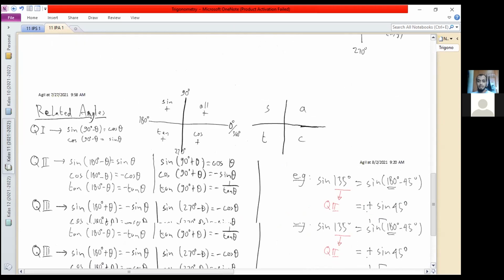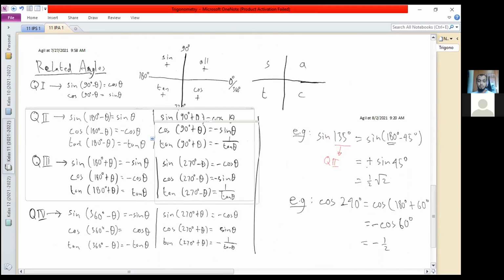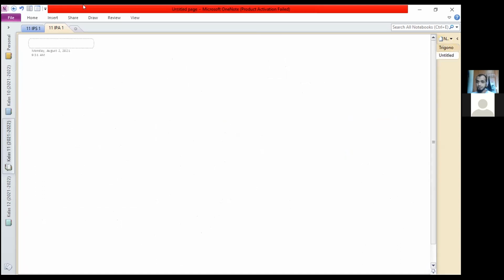So I plan to give you an exercise for this example, but let me just give you the exercise together with today's topic, which is the sine rule and cosine rule.